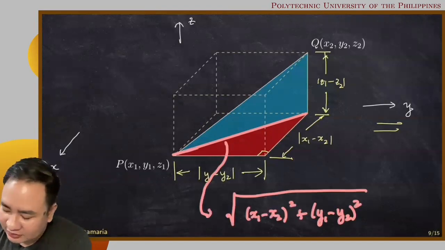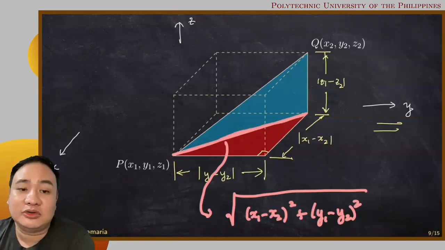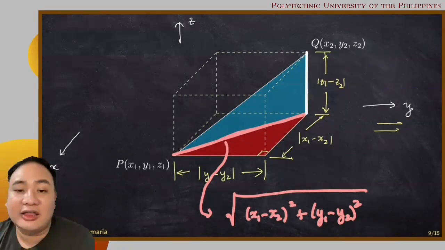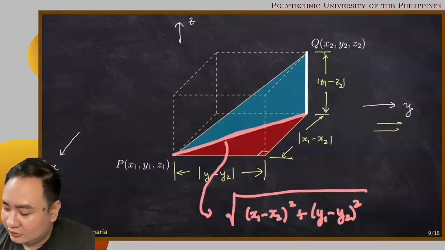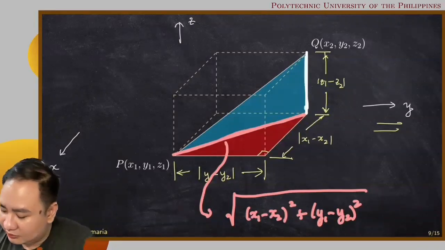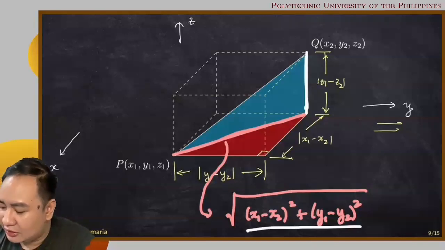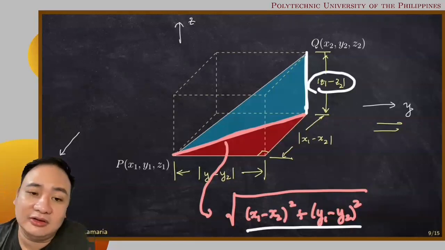Now that you have learned this leg, this hypotenuse is actually a leg of the blue triangle, and this is another leg. Right? So to get the distance, you use the Pythagorean theorem one more time. This is what you square, and this is the other one you square. When you square these, the square root disappears, and you can get rid of the absolute value if you want.